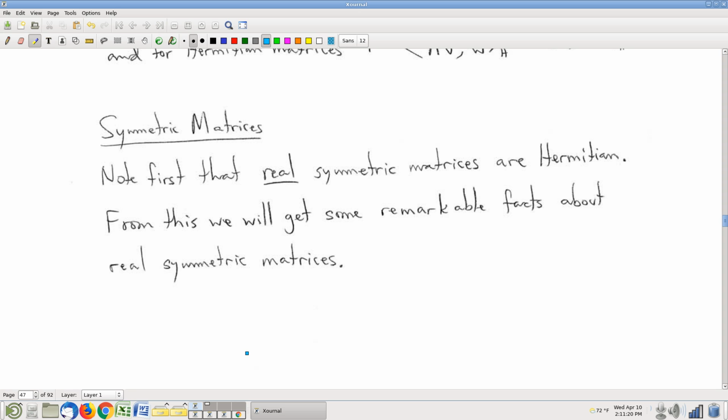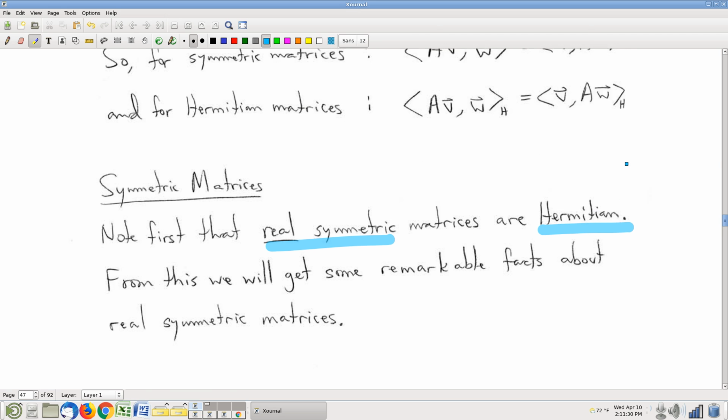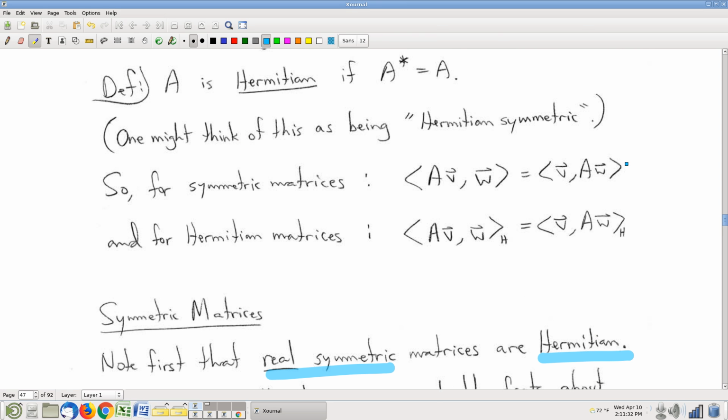And here we go. We're going to start off with looking at real symmetric matrices. The first observation is that real symmetric matrices are Hermitian. This is an easy one. Remember what Hermitian means. Hermitian means that it is its own conjugate transpose. Well, what happens when you take a conjugate transpose of a real symmetric matrix? Well, it's real. So when you conjugate it, nothing happens.